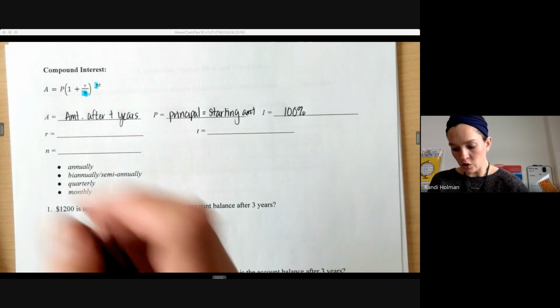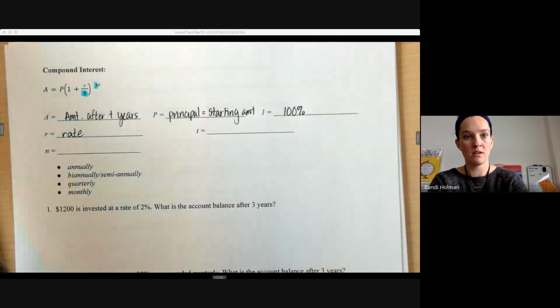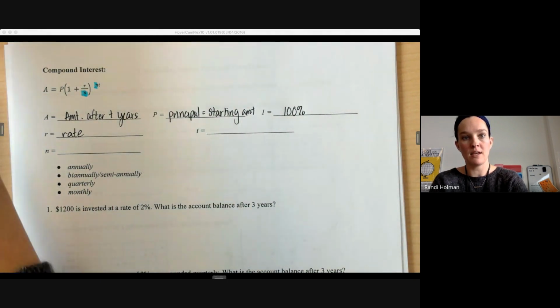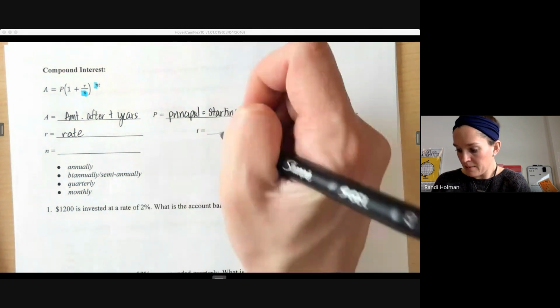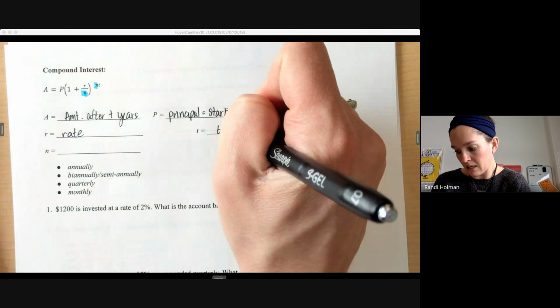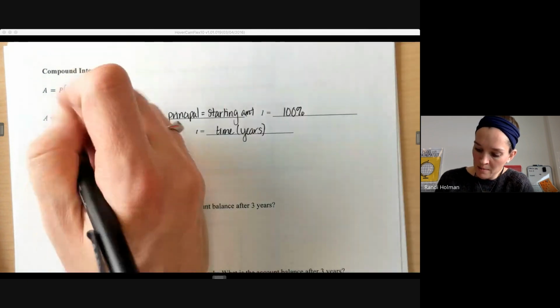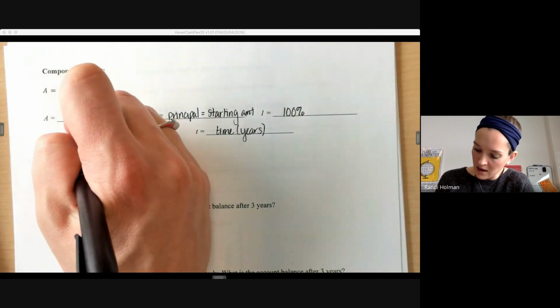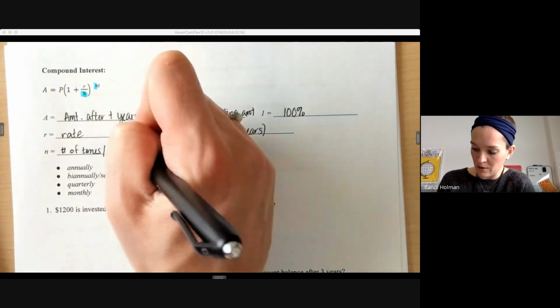R here is your rate, just like we've been doing. And then we are going to look at these other things here. T is the time. Usually that's in years. And N is the number of times per year that we're compounding.